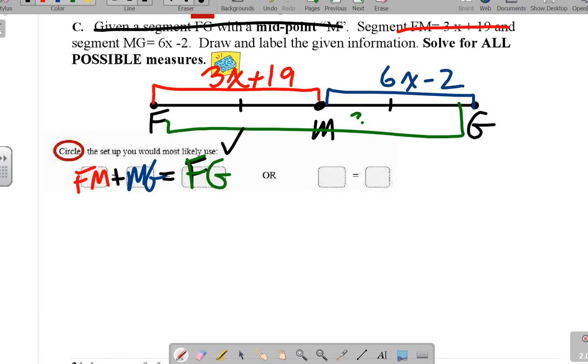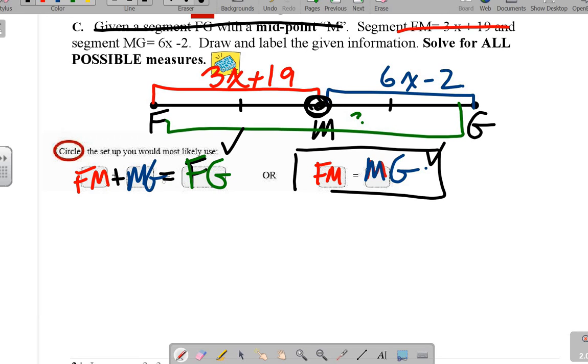Now let's come over here. Because of the midpoint, do we have something equal to something? Yeah. Okay, so let's do that. We know that the blue and the red are equal this time. Let me keep my color straight. All right, so now we have both things true. So you ask yourself, which one's helpful? And this one's helpful.